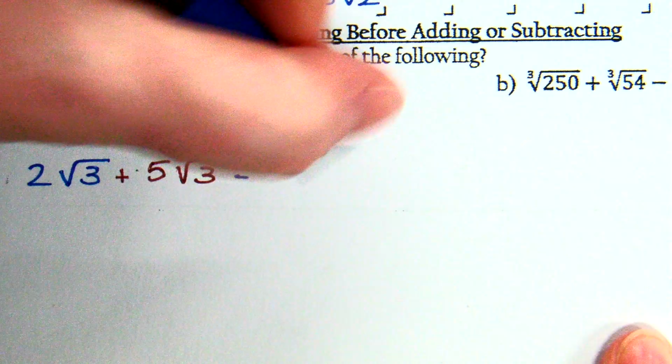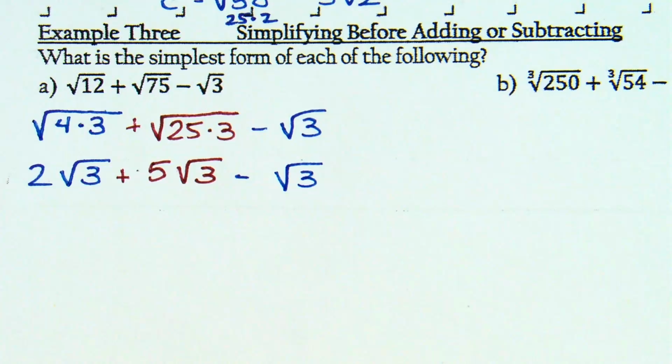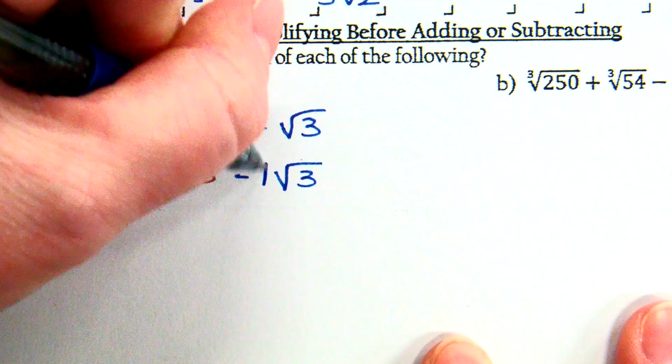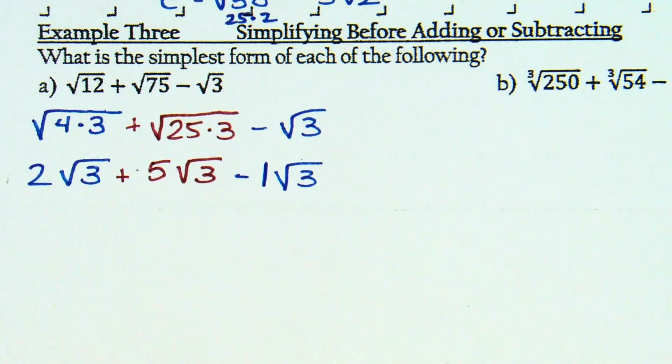Now, it's okay that it stays square root of 3 because they're all the same now, aren't they? Is there a 1 in front? There's a 1 in front. 6. So it'll be 6 square root of 3. If there's no coefficient or number in front of the square root, assume the invisible 1.